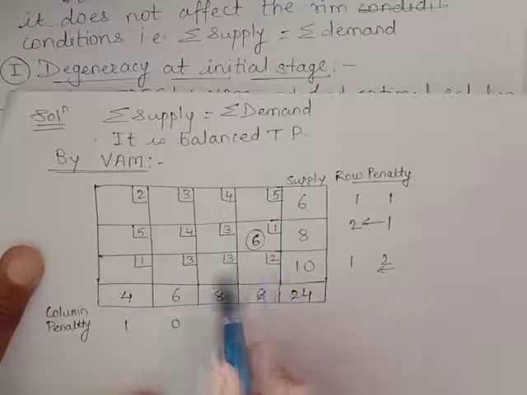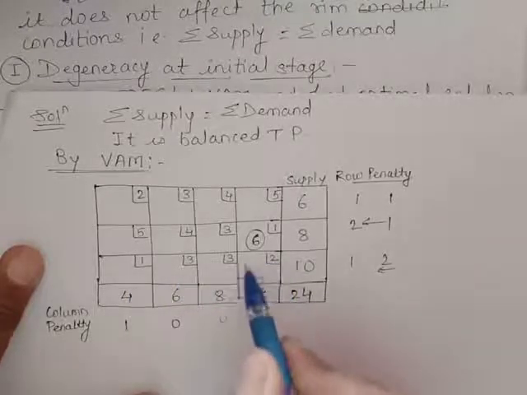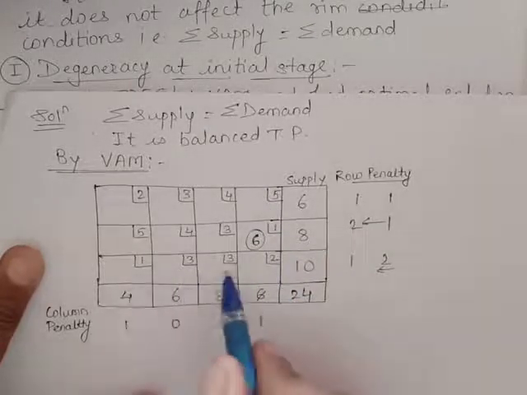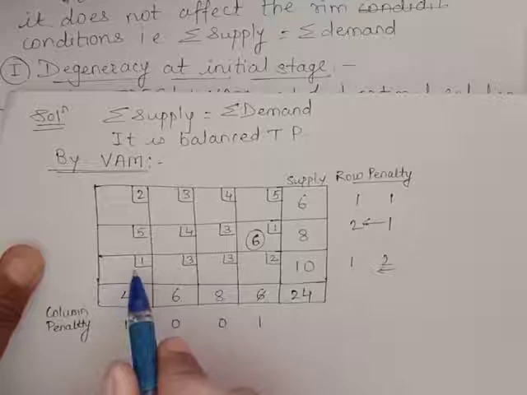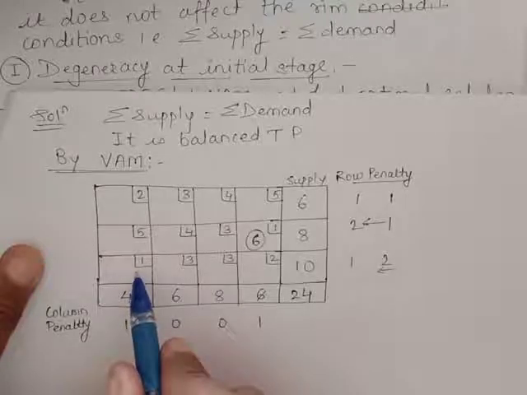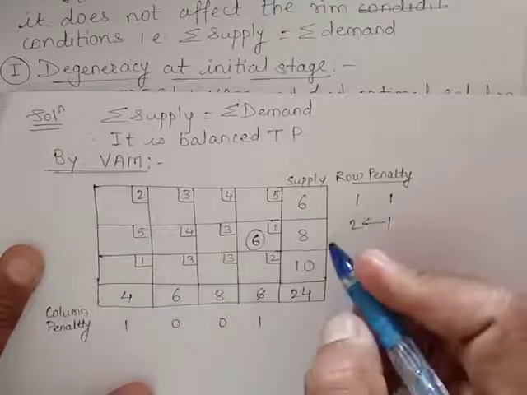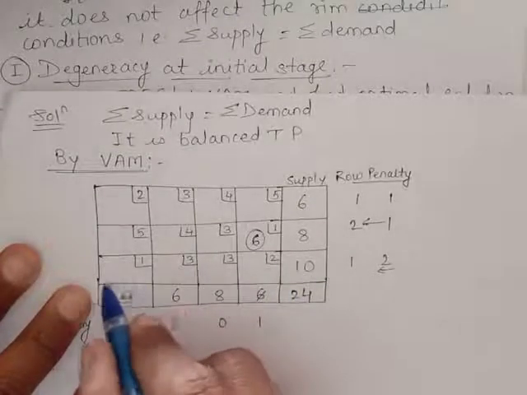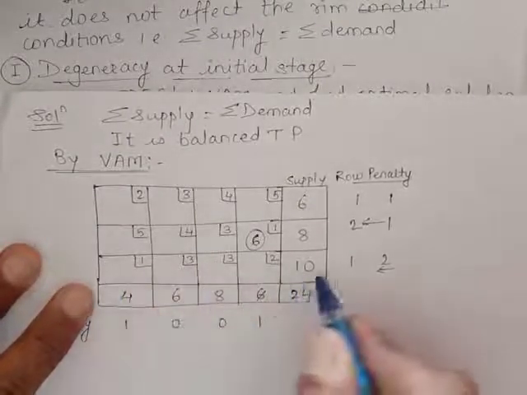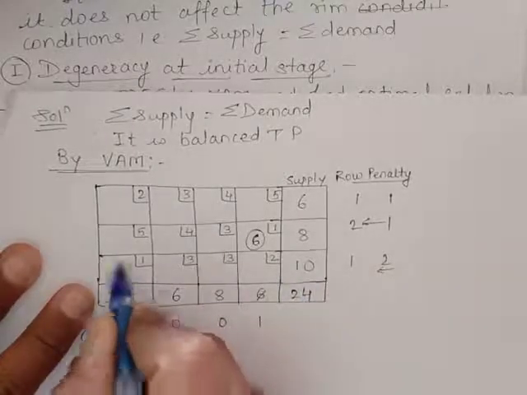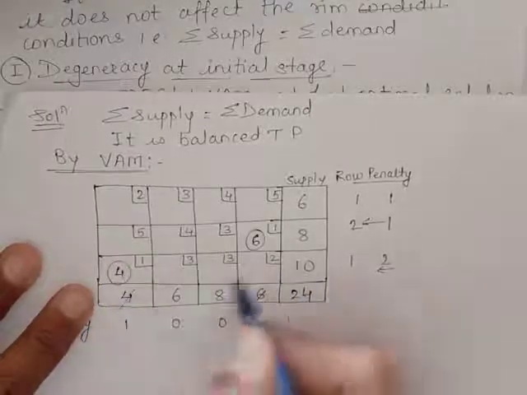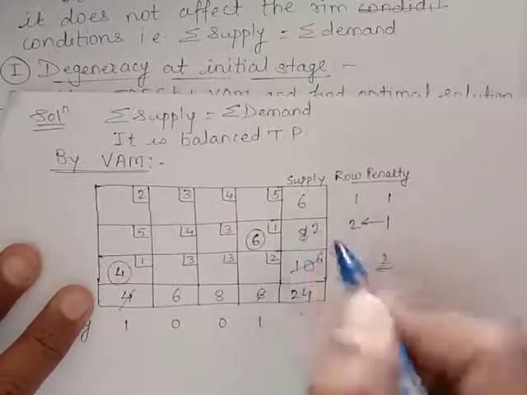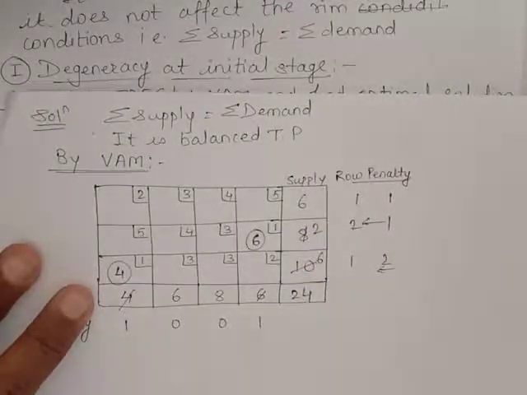In this row we won't consider this cell because this column is satisfied. Simply consider these 3 cells. Out of these 3, this one has a minimum cost, so the next allocation will be the minimum of 4 and 10. So it will be 4. As 4 is satisfied, how much is left here? 6. Similarly here 2 are left.